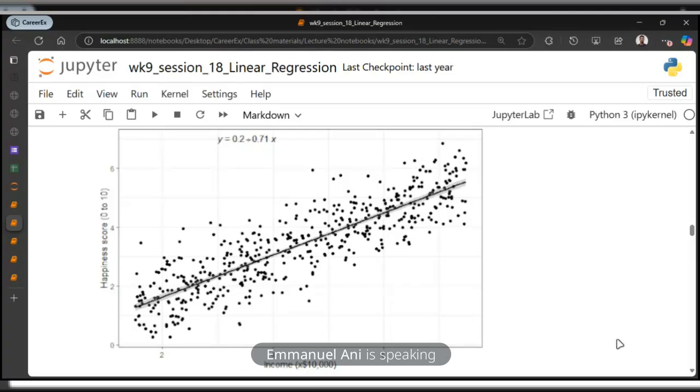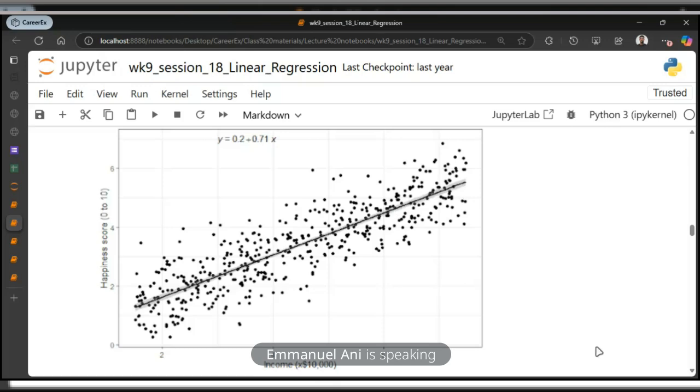If you extend this, you have $9,000, $10,000, $100,000, $90,000, $100,000, and so on and so forth. So if you want to predict the happiness score of those with $100,000, you are going to just trace the value here on the x-axis to this line as it is extending. It's actually going to extend infinitely, so you can use it to predict as much value as you can.